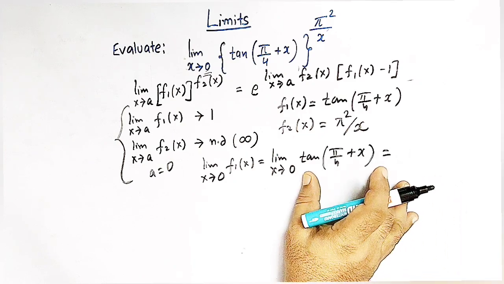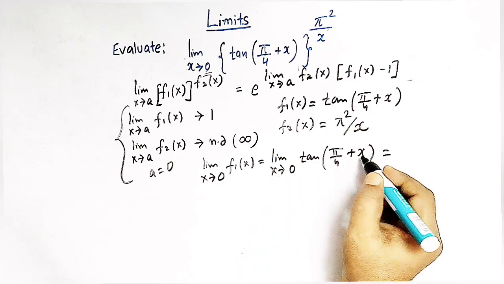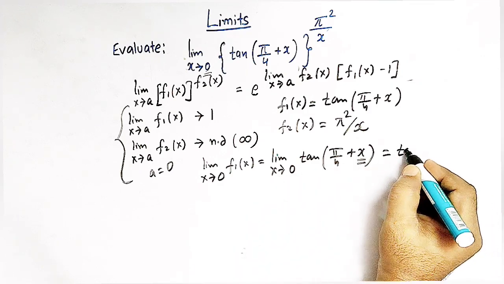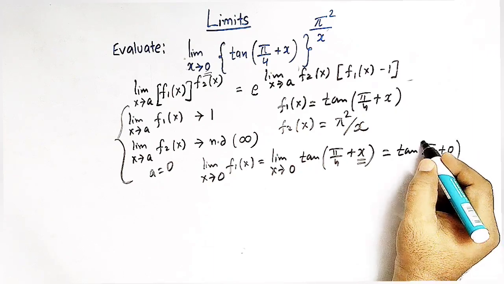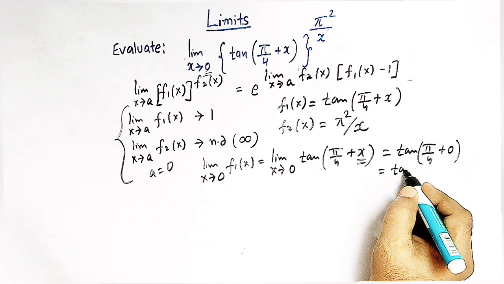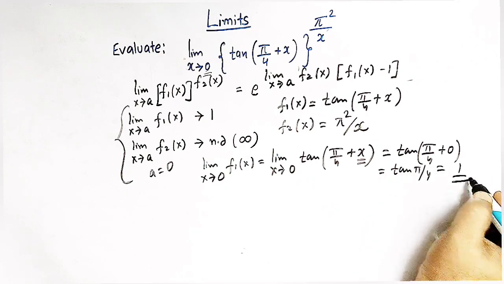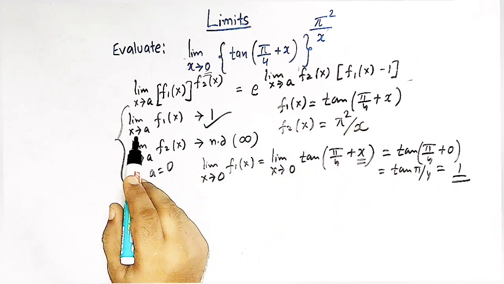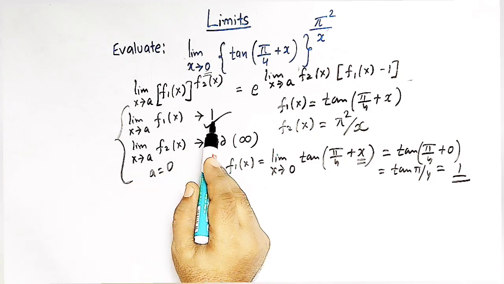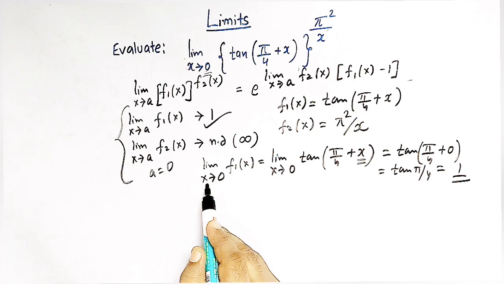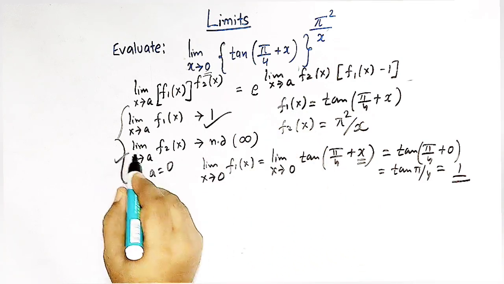Now this limit can easily be evaluated by simply taking x is equal to 0 over here. So we have tan of pi by 4 plus 0. So this is the tangent of pi by 4, and tan pi by 4 is 1. So this condition is satisfied, that is limit x tends to a, f1x tends to 1 when x tends to 0, right?